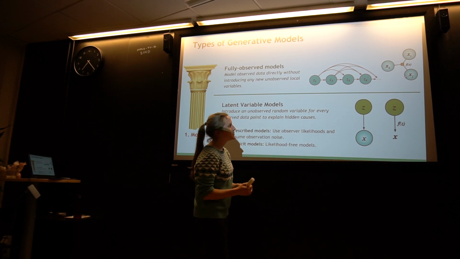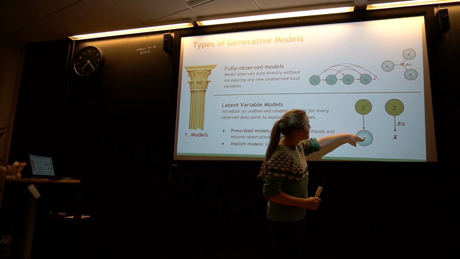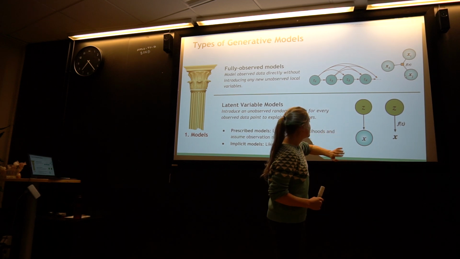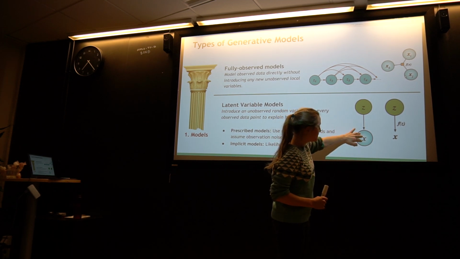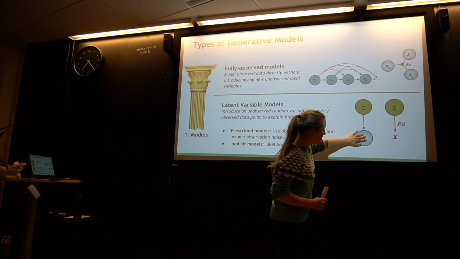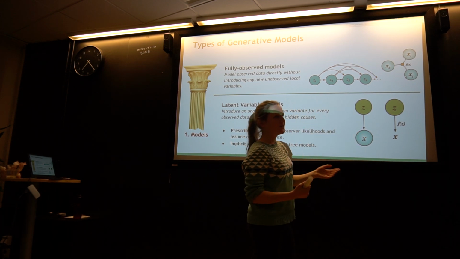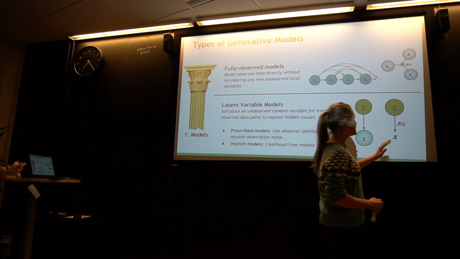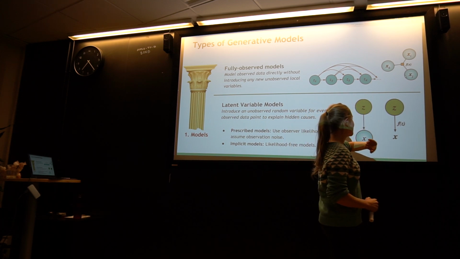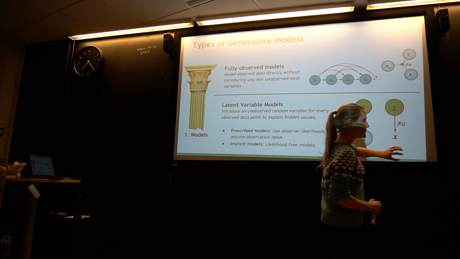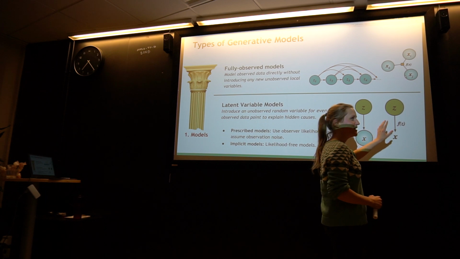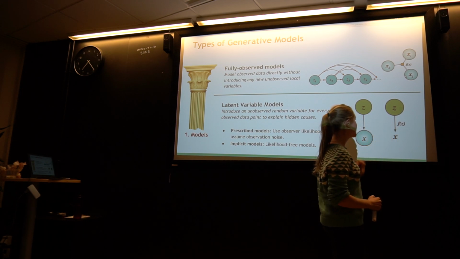And we can distinguish, in this case, between two different things. So one is where we have a likelihood. We define the likelihood of this x given the parameter, which would be the Variational Autoencoders. And then we have the Generative Adversarial Network case, the GAN case, where we don't know what the form of this actual likelihood is. We just have something that says, yeah, it might be close to what I wanted to learn.